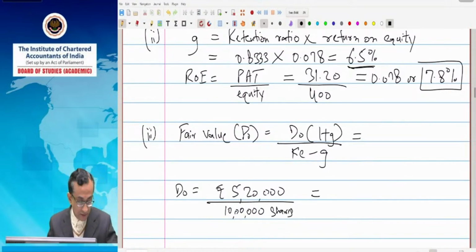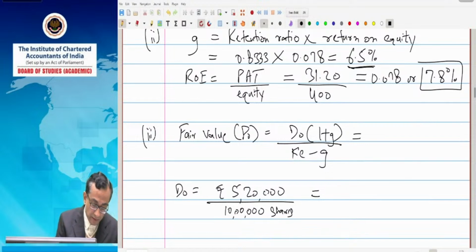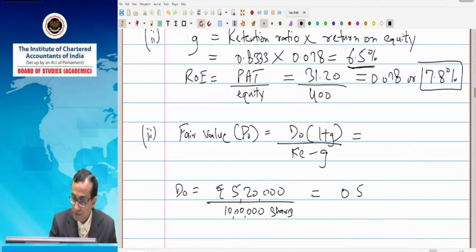So let us calculate it. 5,20,000 divided by 10 lakh is 0.52. So D0 is 0.52. Apply this figure. 0.52 is D0, into 1 plus the growth rate.